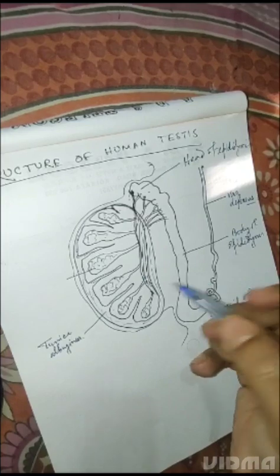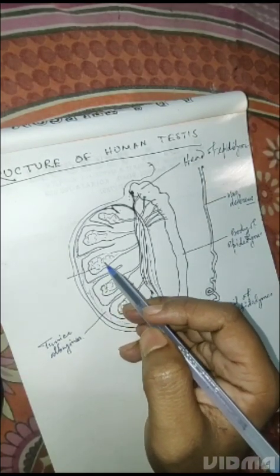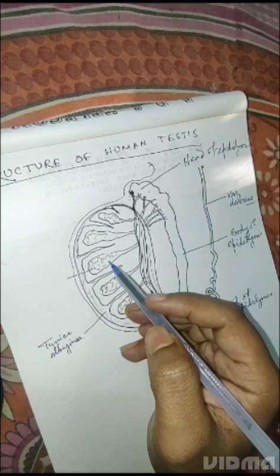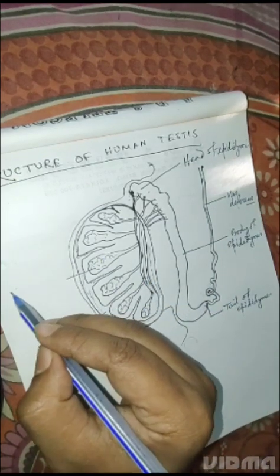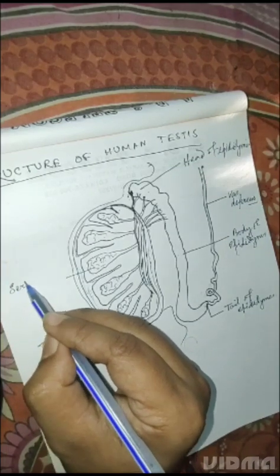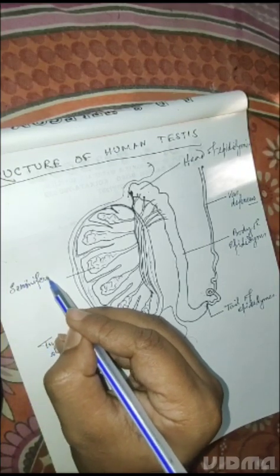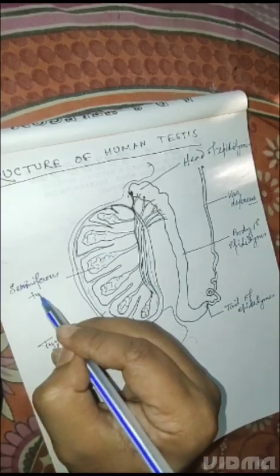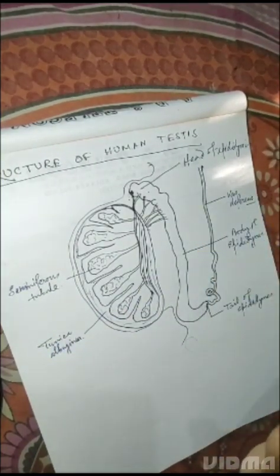Inside of it, this globular, coiled structure is called the seminiferous tubule. That's it.